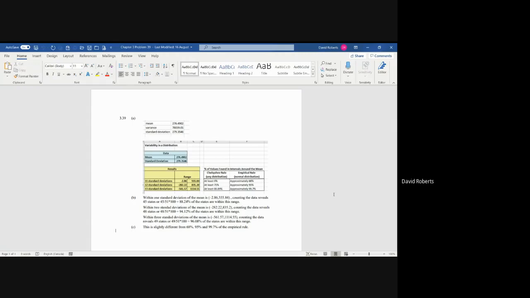So what this represents is you actually have 88% of the data within the first standard deviation, plus or minus. For two standard deviations, it's close. It's 94.12, not 95. So it's a little low for 2 standard deviations. And then 96.08 is a little low for 99.7.